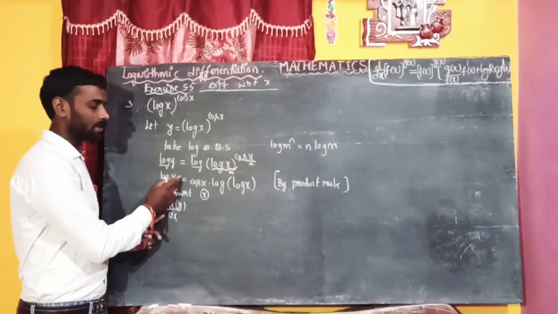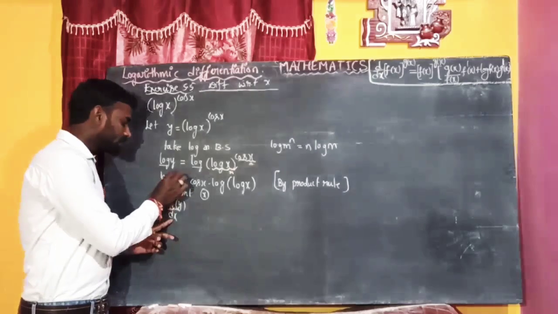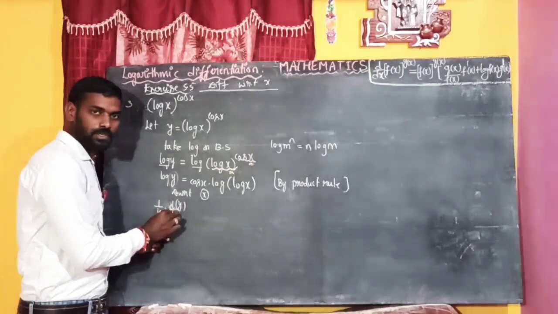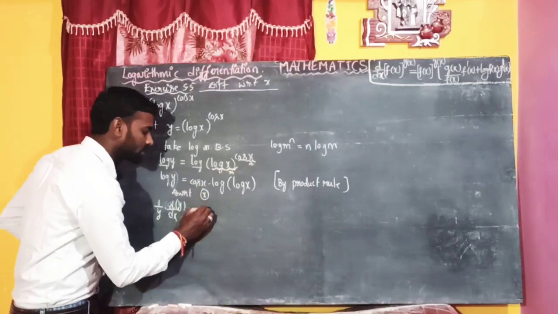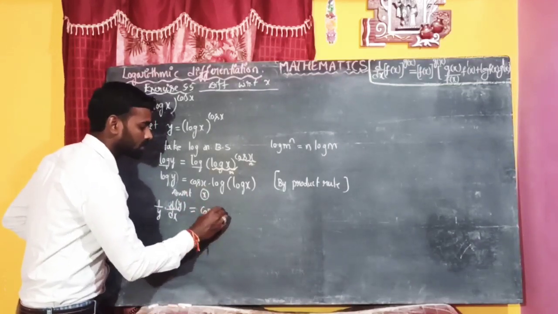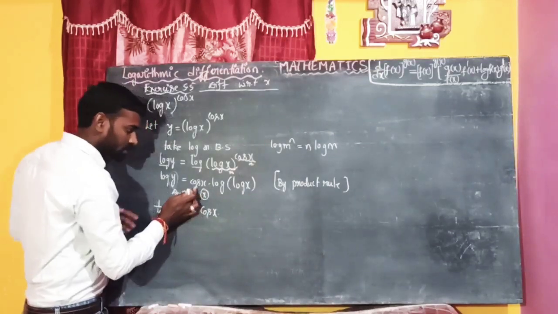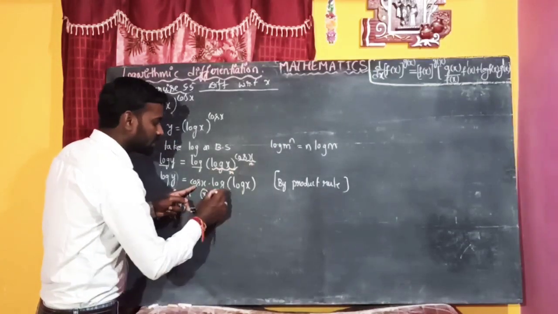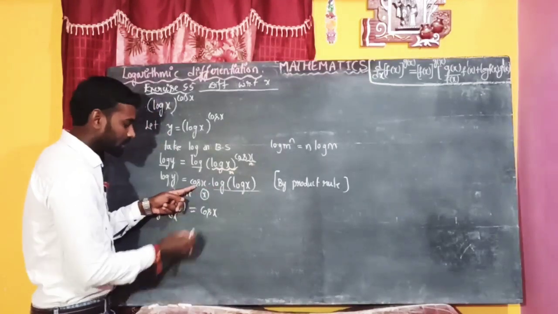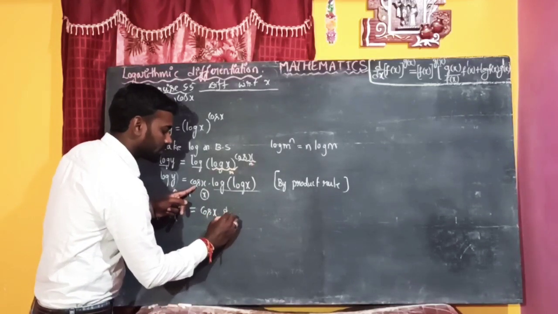That is equal to, by the product rule, first function cos x into the derivative of the second function. Here the second function is log of log x. First function into d by dx of the second function.